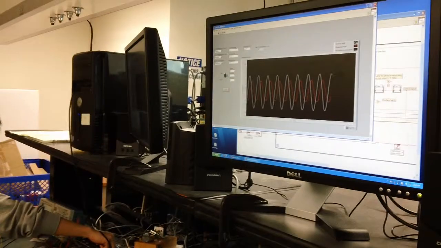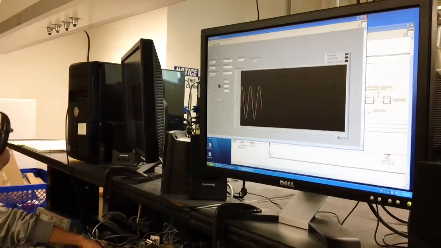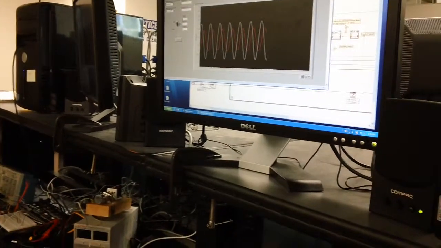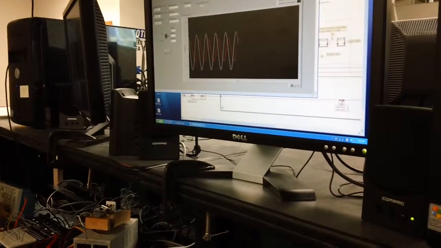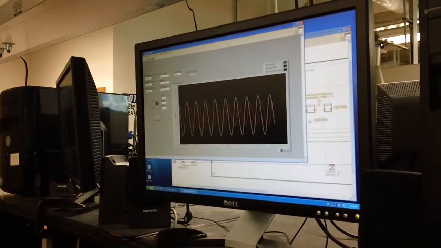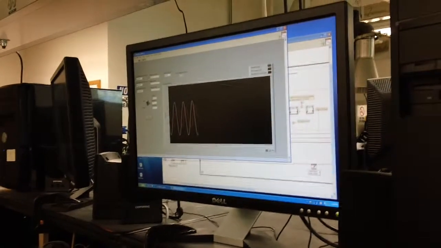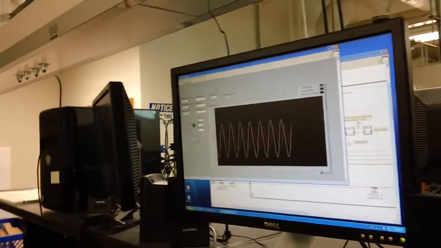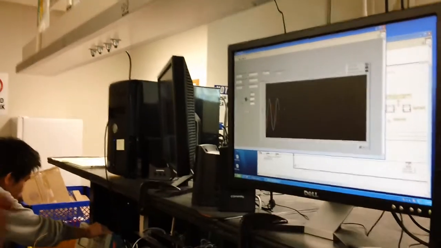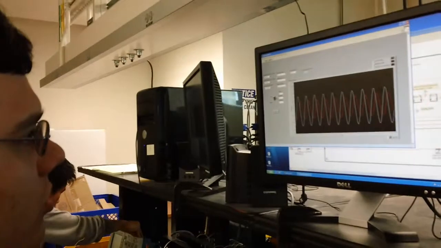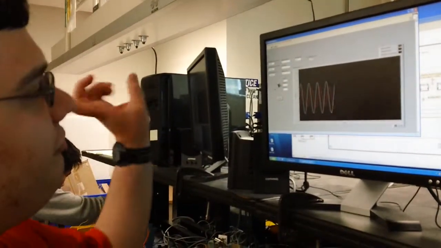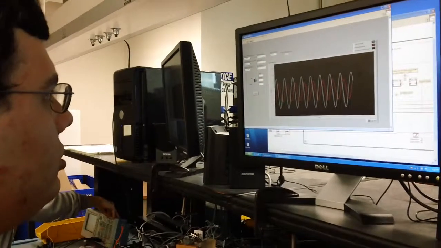Okay, now we are going to decrease the proportional gain. I have a different prediction for this one. The amplitude's going to decrease, and when it gets below 0, as in when it gets negative, it's going to flip and then start increasing.